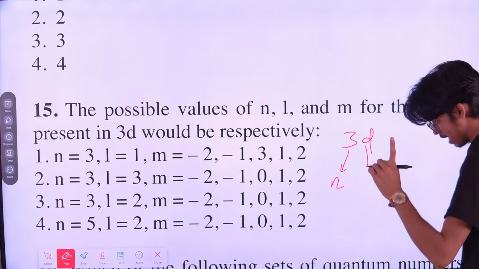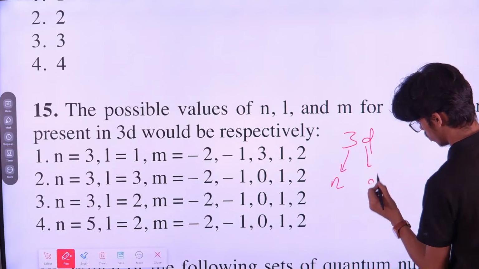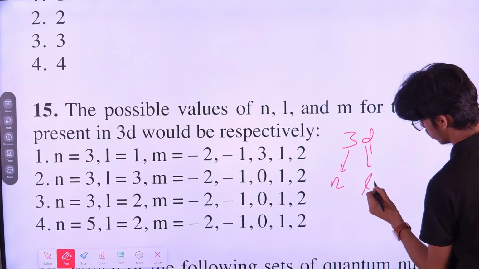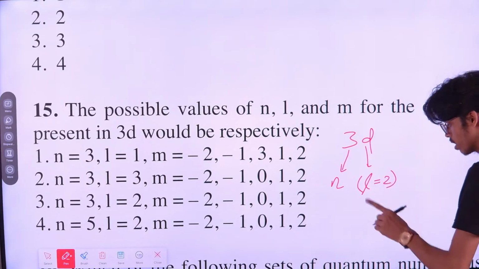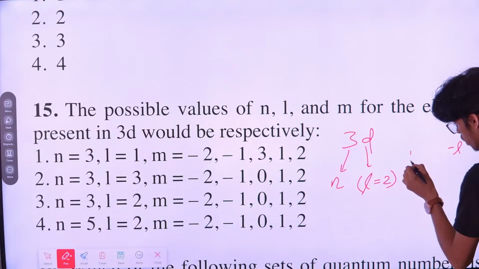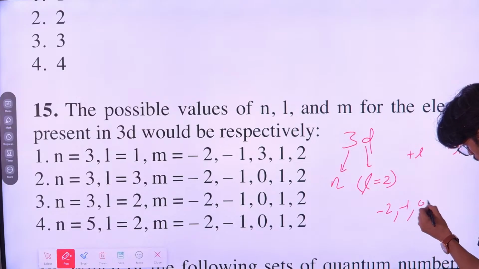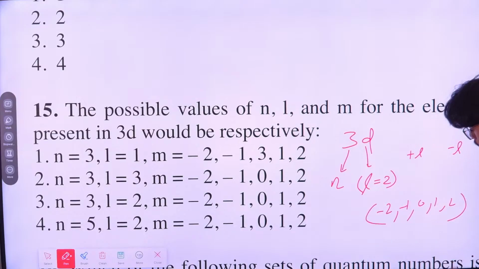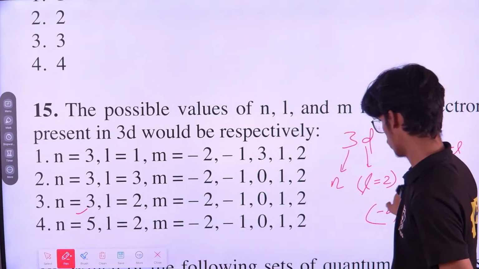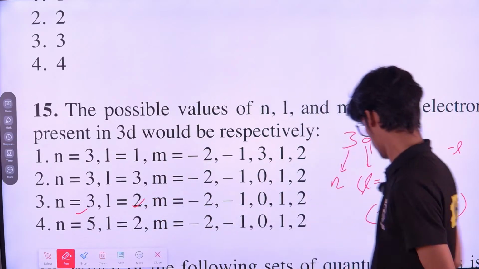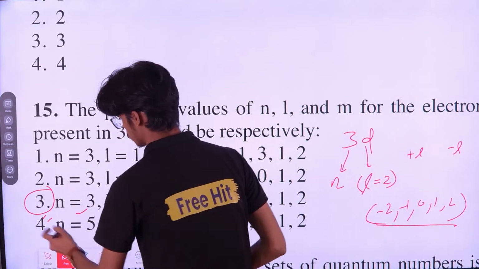We know for S, L is equal to 0, for P it is 1 and for D it is 2. I'm talking about the azimuthal quantum number. And the magnetic quantum number goes from minus L to plus L. So it means minus 2, minus 1, 0, 1 and 2. So n is equal to 3, L is equal to 2, and this is the value of m. Option number 3 is the right answer.